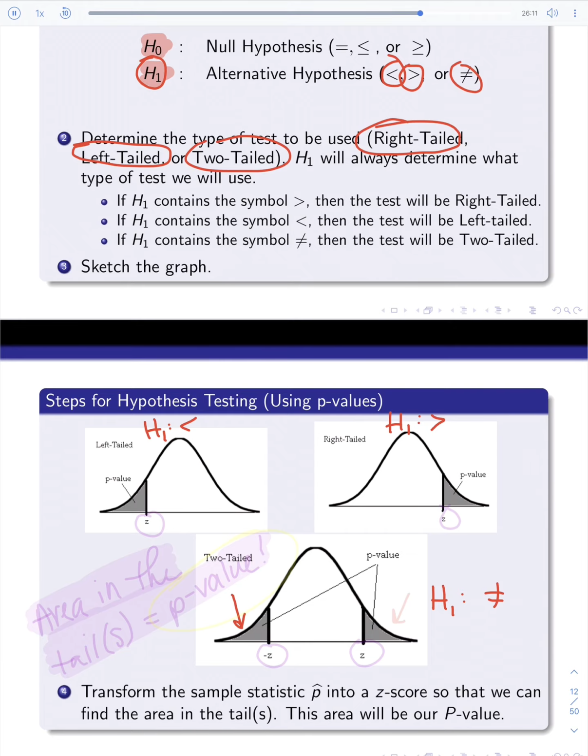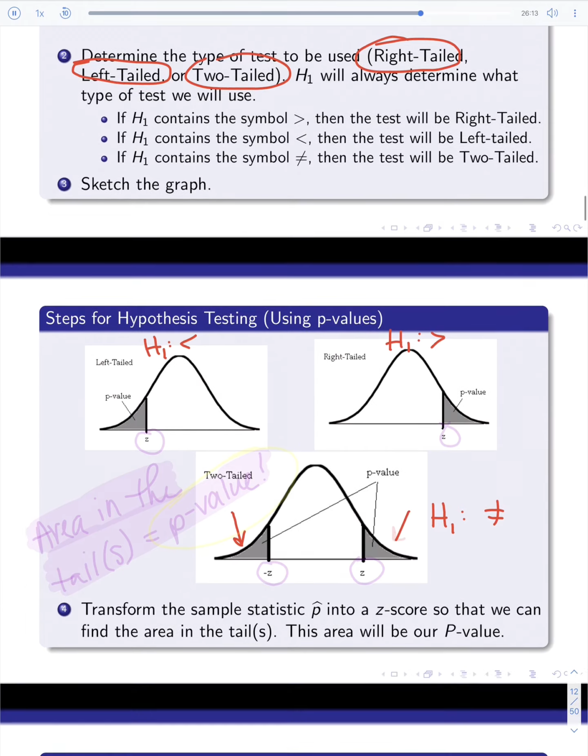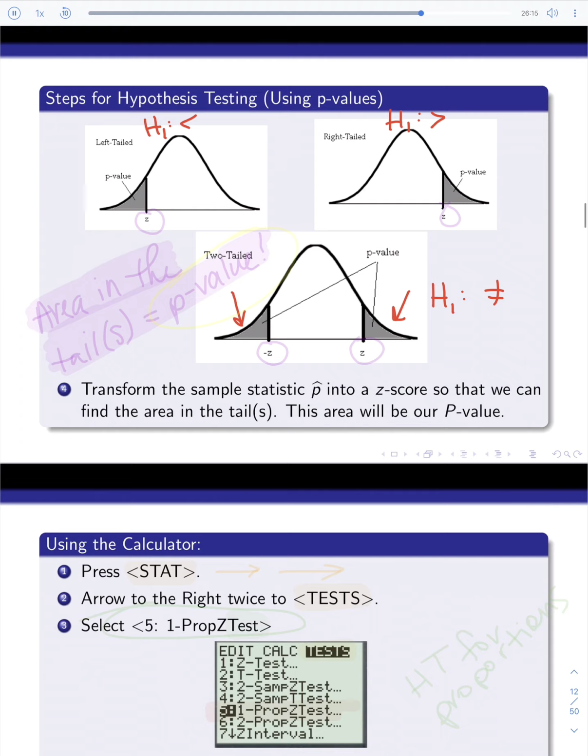What's nice is whatever is in the first tail will be the same as whatever value is in the second tail. And then what we'll do is we'll say that the area in the tail, or if it's two-tailed, tails, is going to be what's called your p-value.